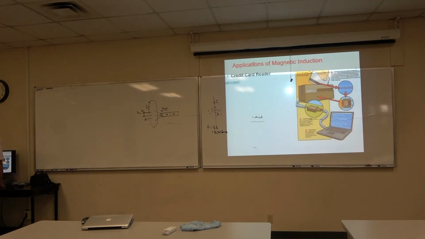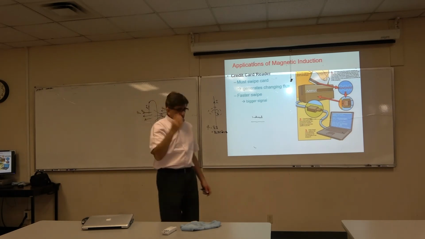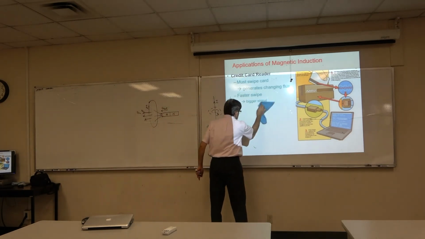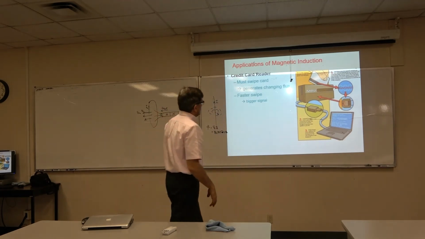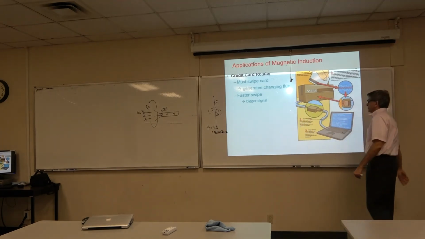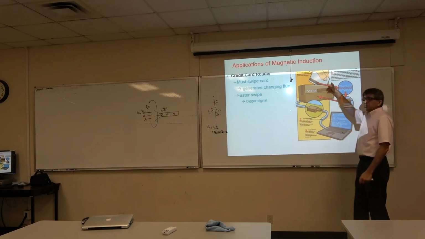Now, this has implications in several ways. One of them you might have noticed. All of you use credit cards or ATM cards, as long as you have money in those cards. So when I swipe the card in the machine, I am changing the flux.